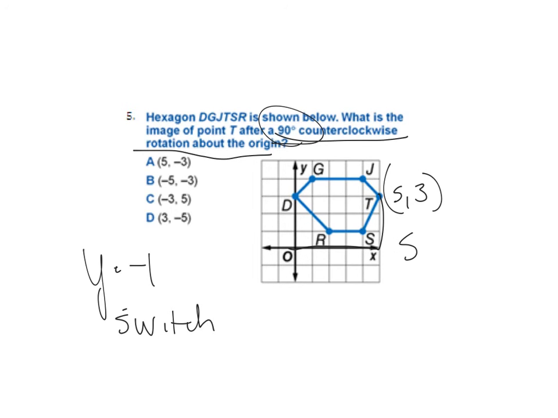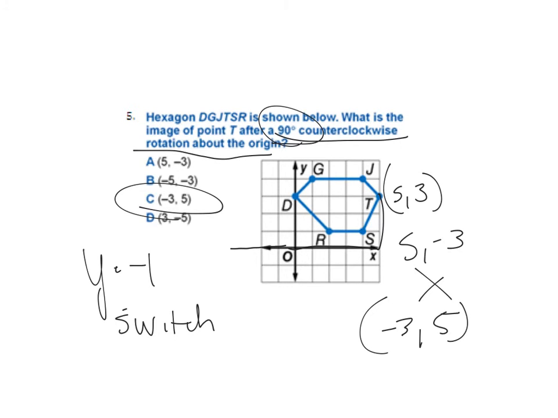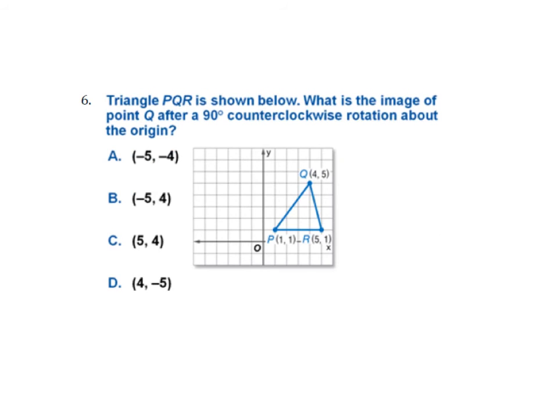So 3 times negative 1 is negative 3, then they switch and it becomes negative 3, 5. Negative 3, 5 would be C, so that's where it would go.